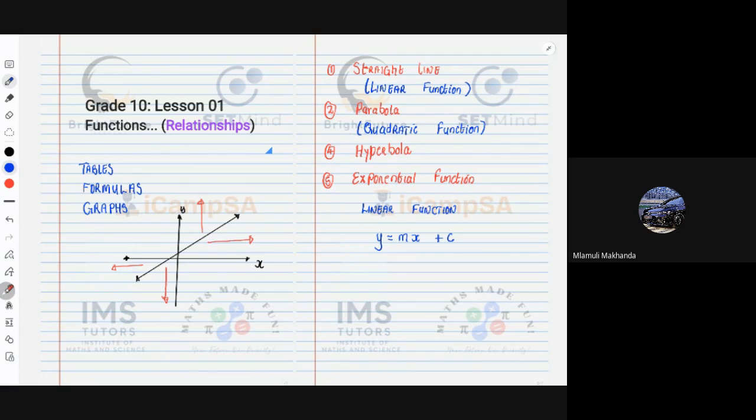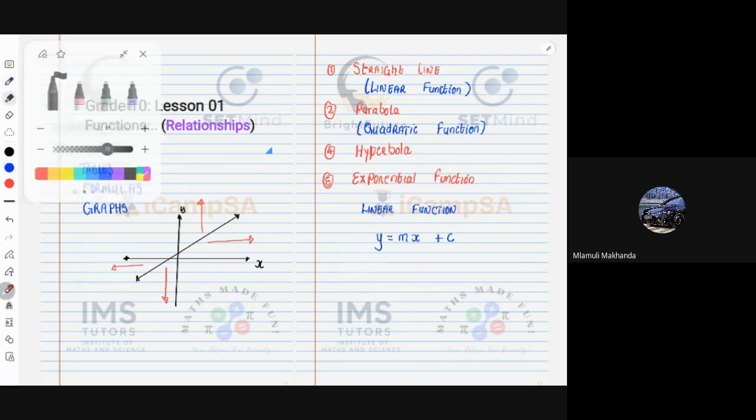And what do these things represent? Another thing just to mention, remember that when we are dealing with functions, we are dealing with relationships. So here we will be dealing with the relationships between the x and the y values.